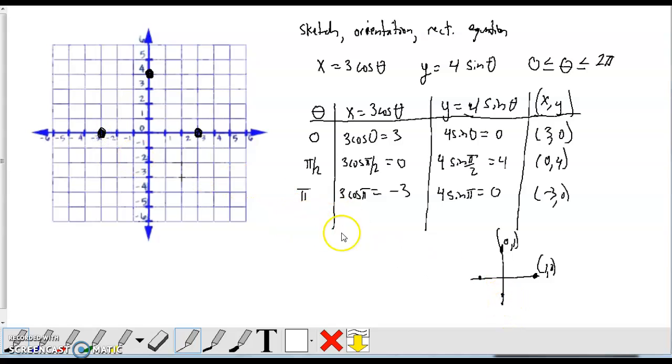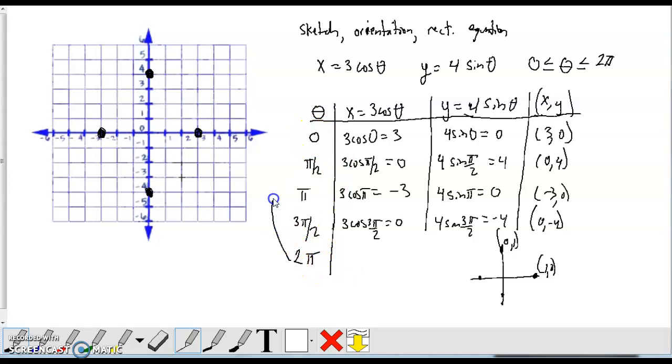And then let's get down to 270, aka 3 pi over 2. So 3 cosine of 3 pi over 2 is just 0. And then sine of 3 pi over 2 times 4 is -4. So 0, -4, right there. But we're going all the way to 2 pi, so let's include 2 pi. 2 pi is the same as 0, so I'm not going to rewrite it down here.